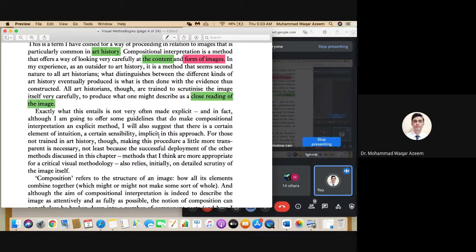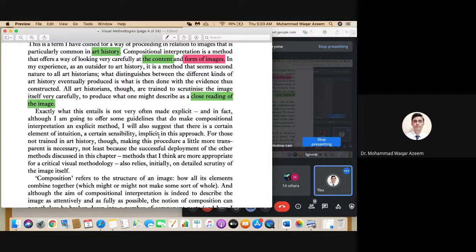So you should immediately see one major difference between interpretation and compositional interpretation, right? So what as students of literature you have been doing is just the interpretation, which was the close reading of a text, of a written text.